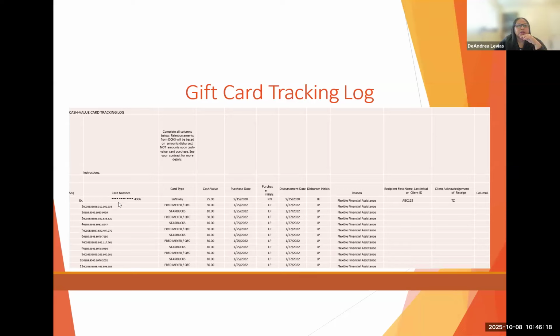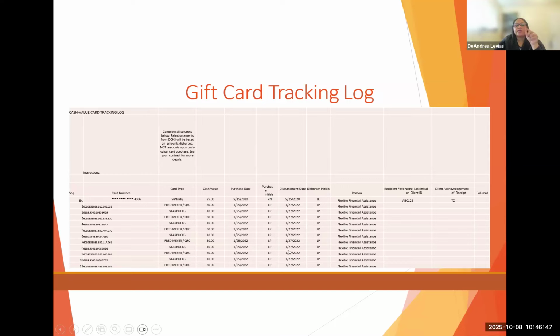You need to record the card number, the type of card it is, so if it's a store card or a Visa or a MasterCard, the value, and the date that you purchased it. You see here, this person must have purchased a series of them on the same day. Then the initials of the staff member that purchased them, and the date that they were given out.